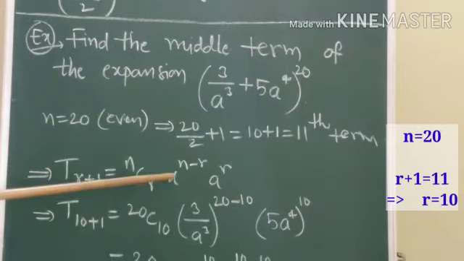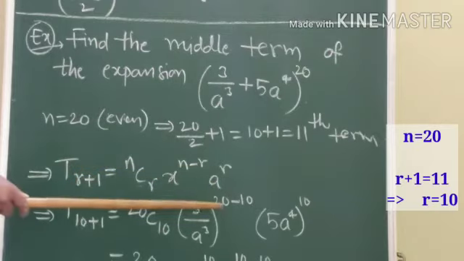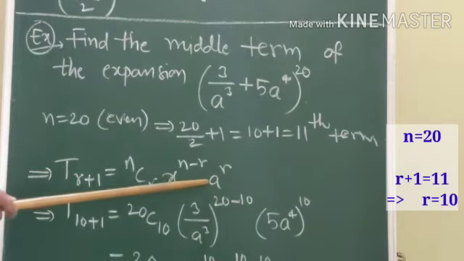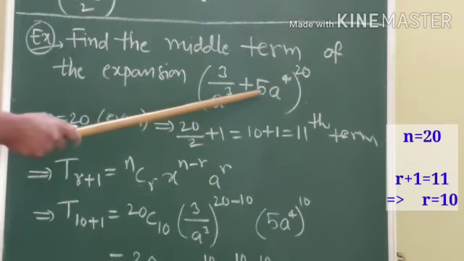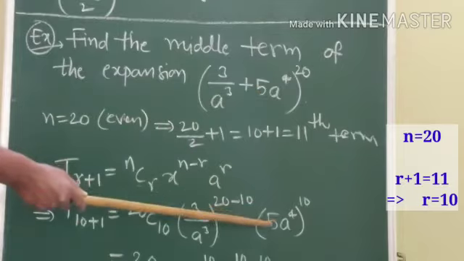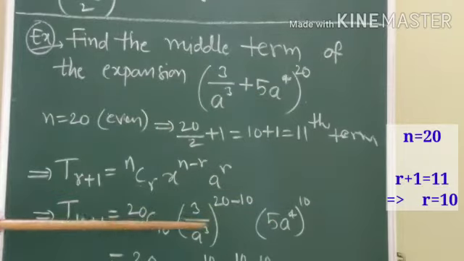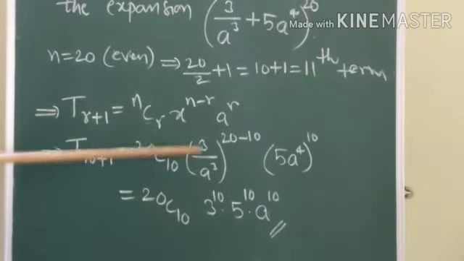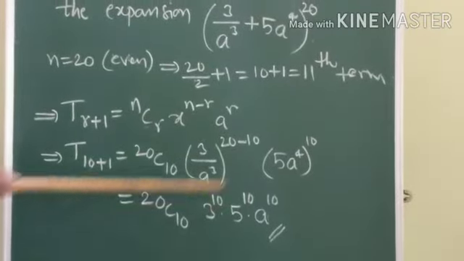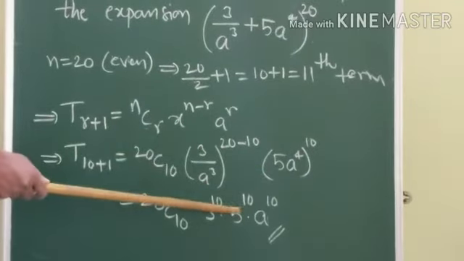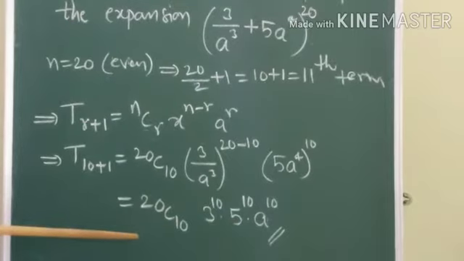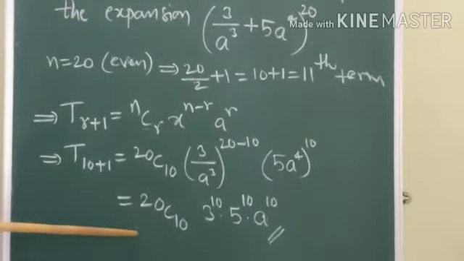What is the first term? (3/a^3) to the power of n - r, that is 20 - 10, into a, where a means the second term. What is the second term? (5a^4)^10. By simplification, we get 20C10 times 3^10 times 5^10 times a^10. And this is called the middle term of the given binomial expansion.